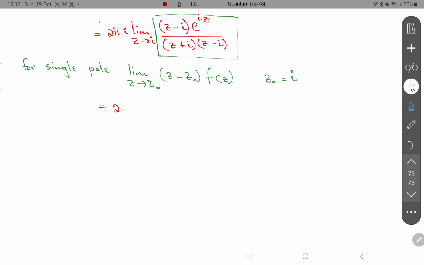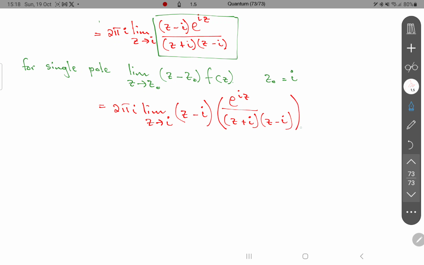So definitely I will write it as equals 2 pi i. The 2 pi i is there. Then I come here, limit as z approaches i, you see? Then I will put this (z minus i) multiplied by the function. The function which I had before was e^(iz) all over (z plus i)(z minus i), and close it like this.